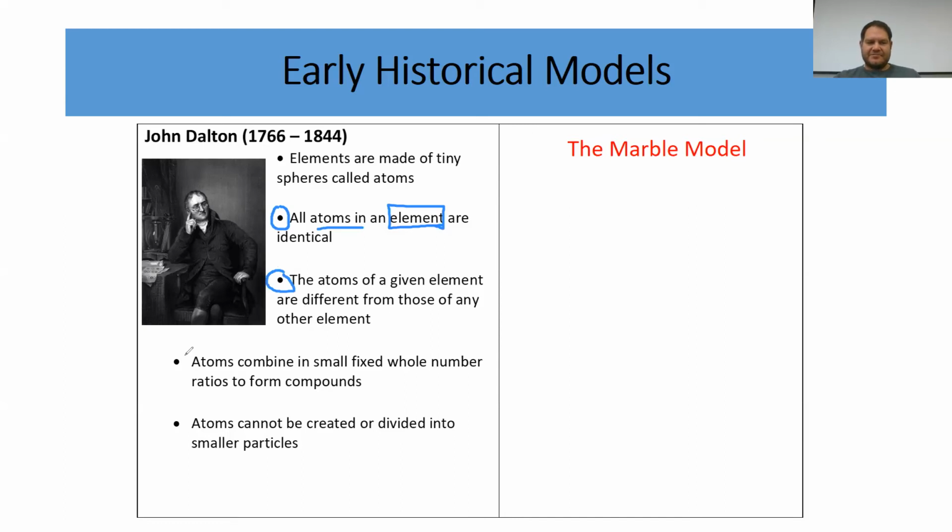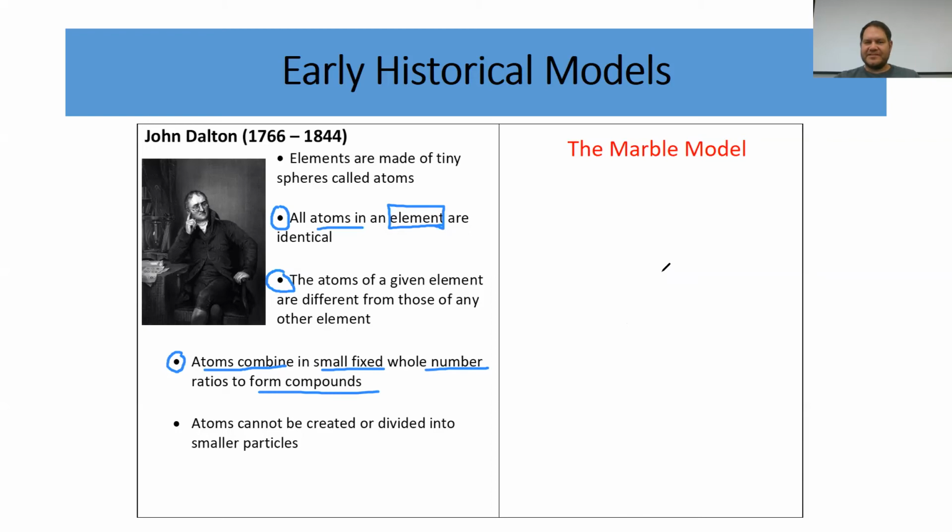Of course, again, he did not know about protons, neutrons, and electrons. All right, he also stated, and this is probably one of the most important statements, that atoms combine in fixed whole number ratios to form compounds. In other words, you remember that Democritus believed that atoms combined together to form bigger, more complex matter.